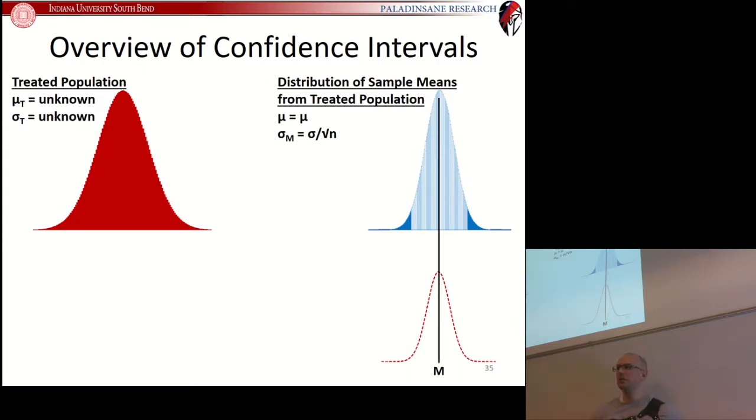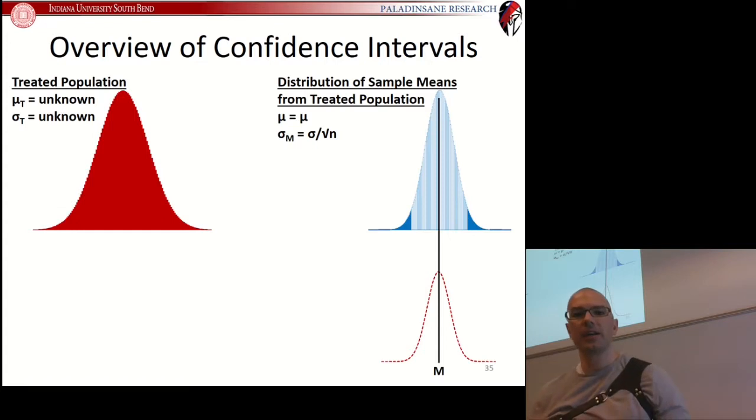So what we need to do is use this distribution of sample means, and use its characteristics to determine a range that we can use in order to be confident at a certain level that our population mean falls within that interval.